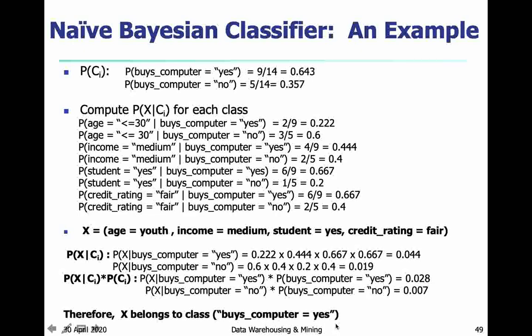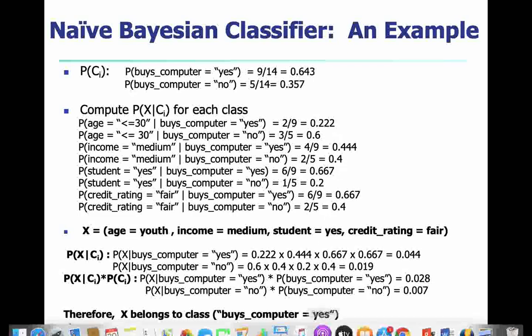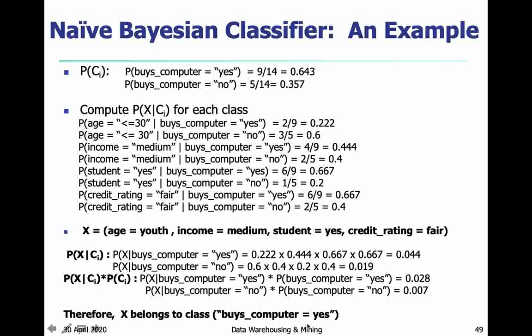Means this classifier predicts that for this tuple, the customer will buy the computer. Clear? Means the tuple which you have taken for classification, according to the Bayes classification, it shows that it will buy the computer. Clear?